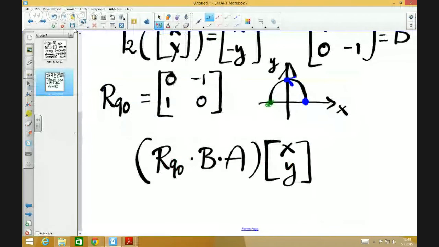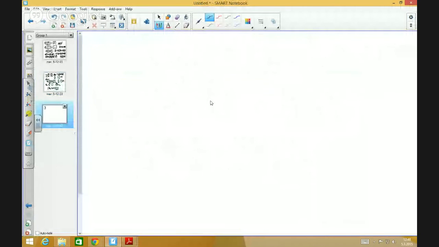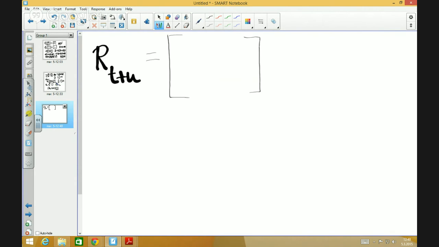Okay, so let's see this. Suppose that I want to rotate by my angle t plus u. And I think perhaps, if you don't mind, I'll try to get the fine pen back. Hopefully people can read it. I actually prefer the thick pen, but I would need a larger writing space here. So what is the matrix that actually induces this transformation? Well, we saw it before.